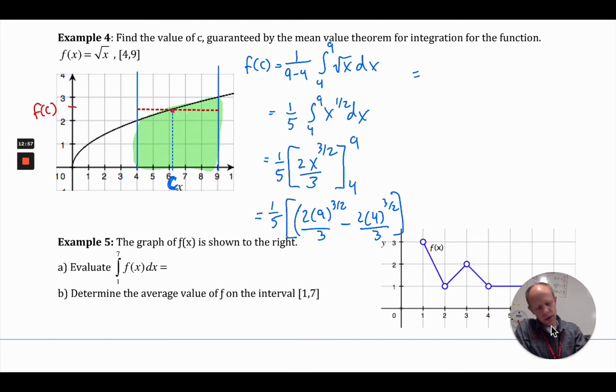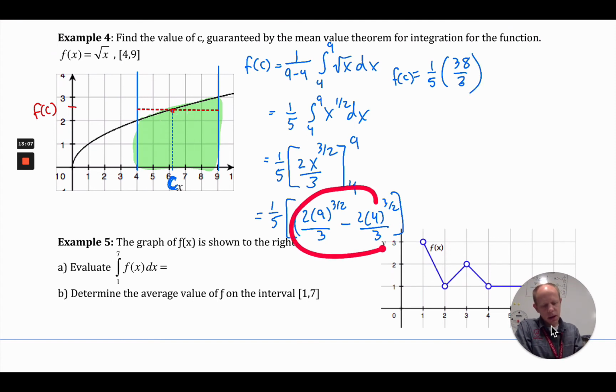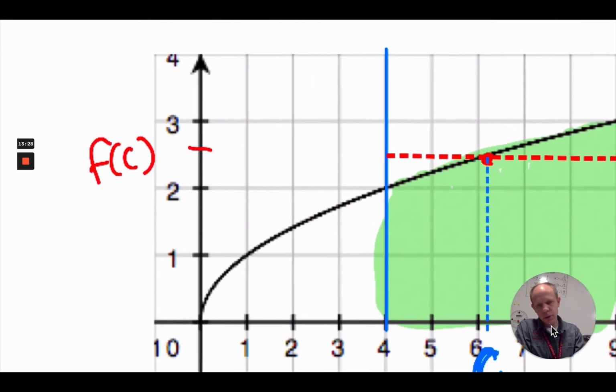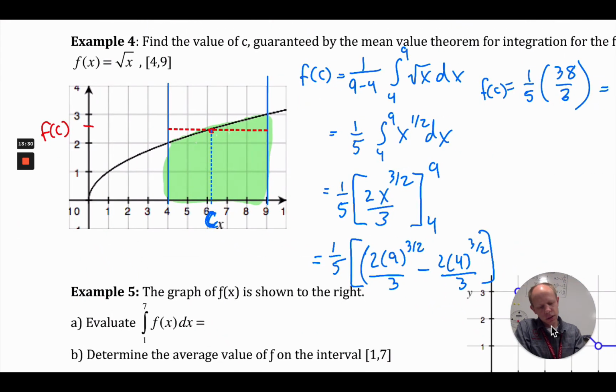So we'll just come up here. f at c would be 1 over 5 times 38/3. Again, you just have to calculate all of this. And now we'll just distribute the 5, and so we really get 38 over 15. Now that's going to equal f at c, and that's about 2.53, just so we can see that our estimate kind of makes sense, and that looks pretty good at 2.53. So that is 38 over 15.